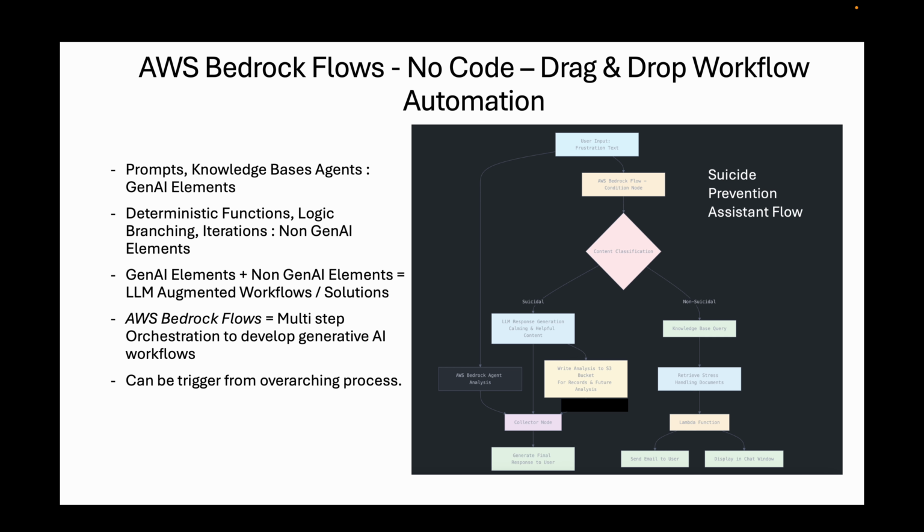So in one line, I would say AWS Bedrock helps you to create a multi-step orchestration to develop generative AI workflows. And to take it one step further, you can now trigger these AWS Bedrock flows from your existing automations, right?